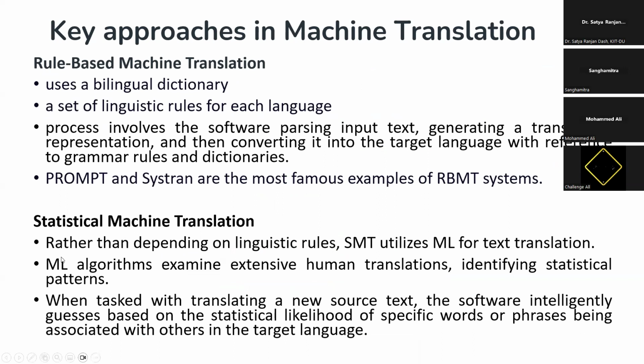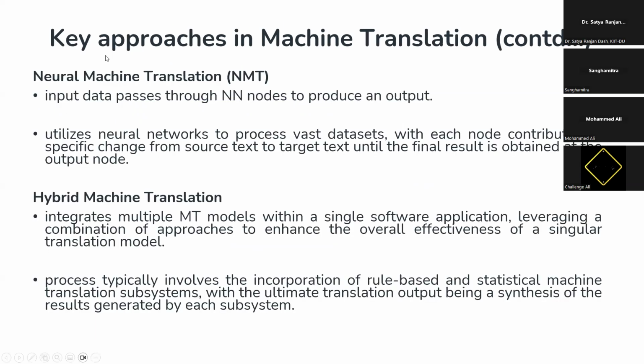Then we have statistical machine translation, where instead of depending on linguistic rules, machine learning is used for text translation. The machine learning algorithms examine extensive human translations and try to identify statistical patterns, which are used to develop the SMT-based machine translation module.